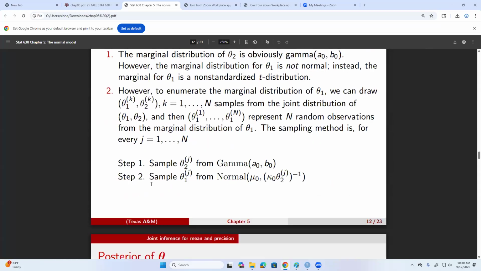So this is step 1, sample theta 2 from this gamma, and step 2, sample theta 1 from this normal distribution. And we repeat this procedure maybe 10,000, 20,000, 50,000 times, however you want. In the end, you have a bunch of theta 1, theta 2 values, maybe 50,000, and you just consider theta 1 values.